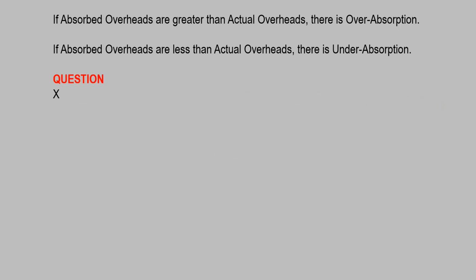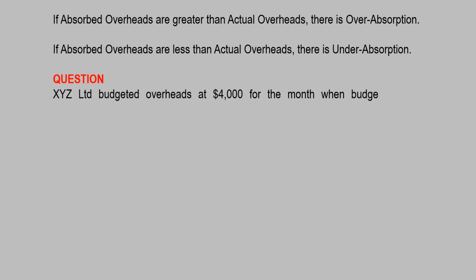The question says that XYZ Limited budgeted overheads at $4,000 for the month. The budgeted units of production were 500 units.